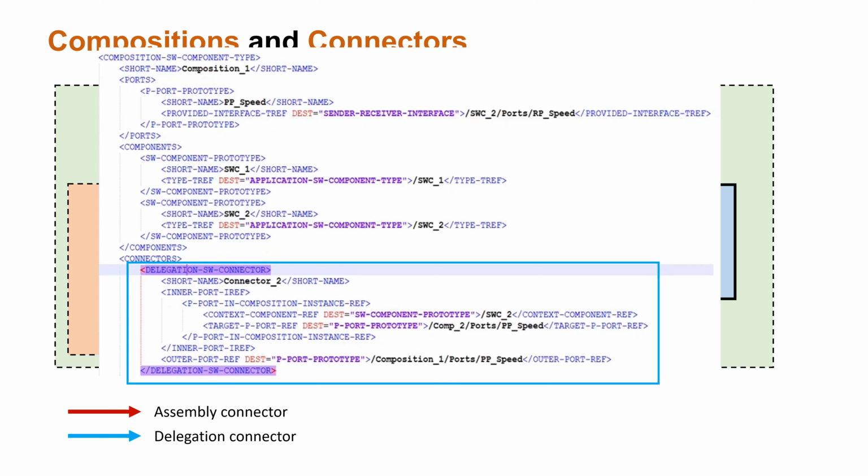A delegation connector extends the inner port from the component to the outer composition. A new mirror port is also created on the outer composition, and the delegation connector connects this outer port to the inner port of the component.